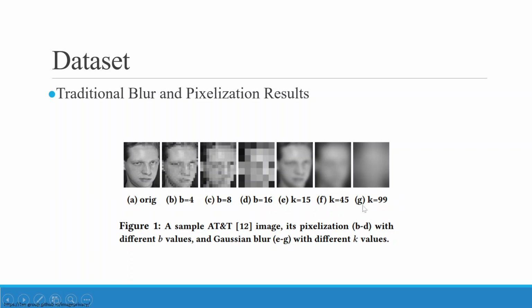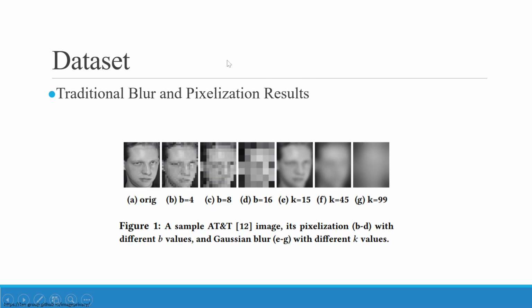If we have a higher K parameter value, you can see the effect of the blurring should be bigger. It should have a higher impact on the original image. Okay, so this is for the traditional blur and the pixelization result is like this.